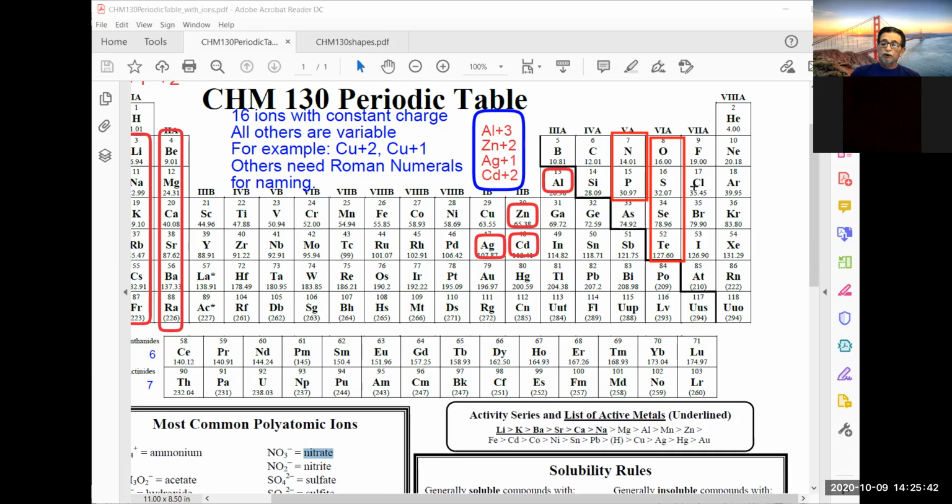In group 6, we'll always have -2, and -1 for group 7. So for the single element, if it's nitride, always a -3, oxide -2, chloride -1. So what does that mean? How does that help you with respect to the other metals that you may not know what their oxidation state is?